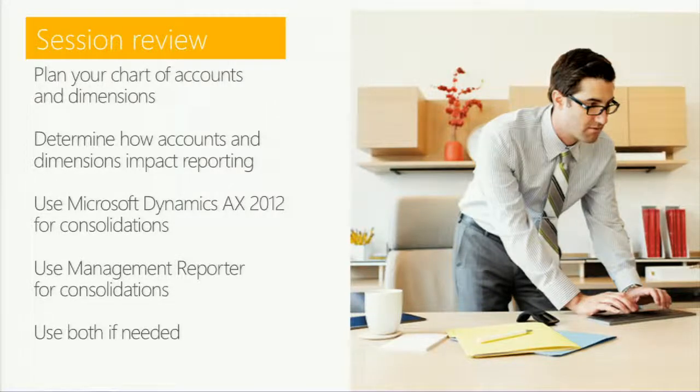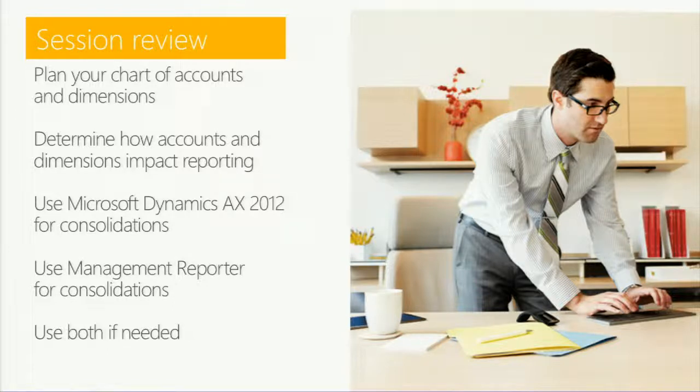So to bring everything together here of what we took a look at today: planning out your chart of accounts and dimensions to make it easier from a reporting standpoint, as well as meeting those specific business needs. Determine how those accounts and dimensions impact reporting.